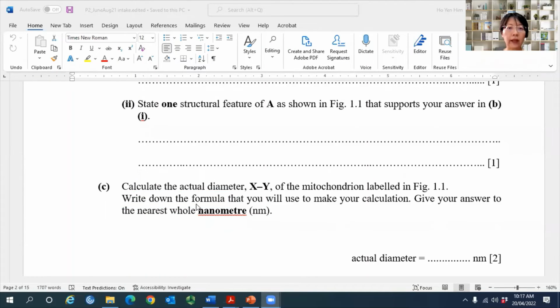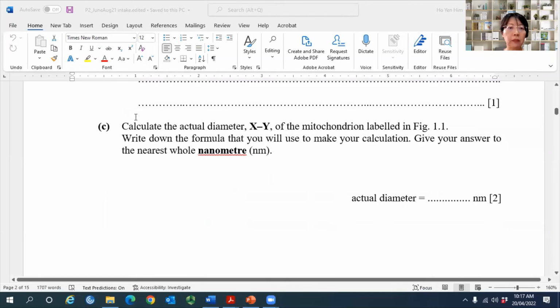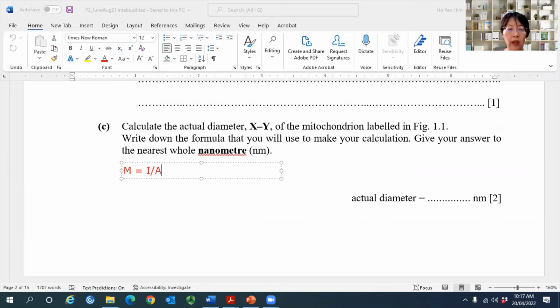Now the formula that you write down, frankly speaking, you cannot just write M equals I over A, because I taught you that if you want to use a symbol to represent something, you need to tell me what this symbol means. So M is magnification. You have to write like this: I is equal to image size, and A is equal to actual size.